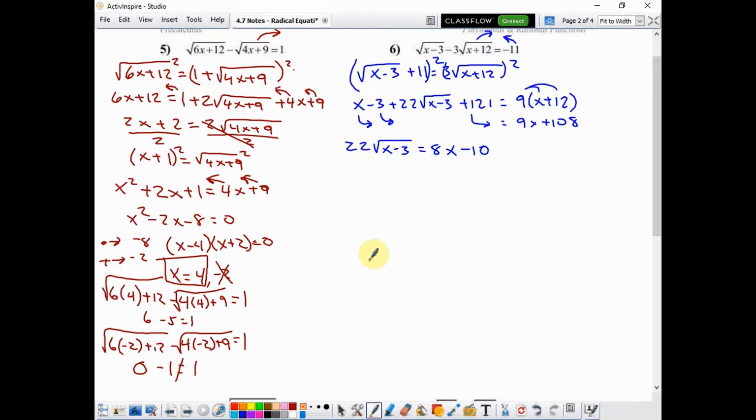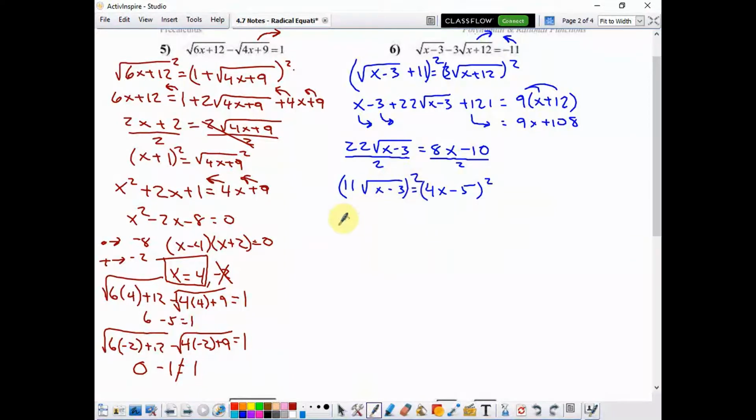Here's an opportunity to simplify things a little bit. I can divide everything by 2 just to work with some smaller numbers. Okay, now I need to square both sides again.